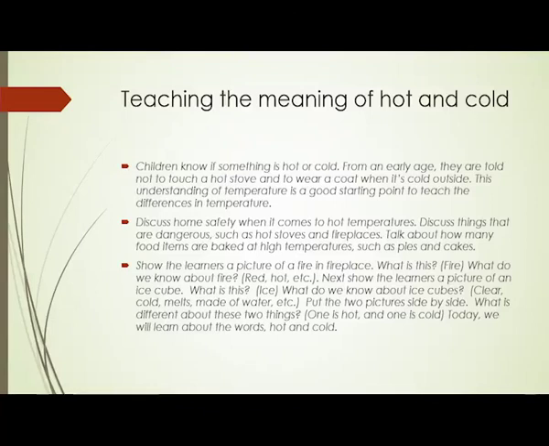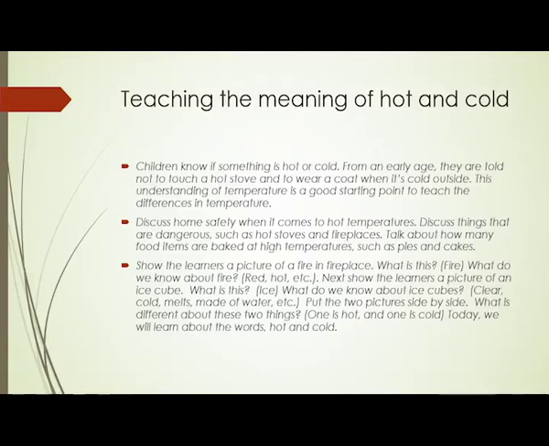Discuss home safety when it comes to hot temperatures. Discuss things that are dangerous, such as hot stoves and fireplaces. Talk about how many food items are baked at high temperatures, such as pies and cakes.